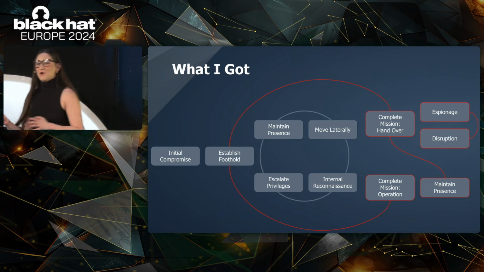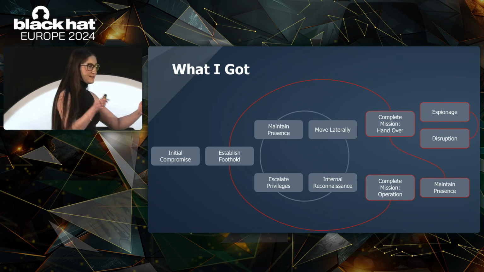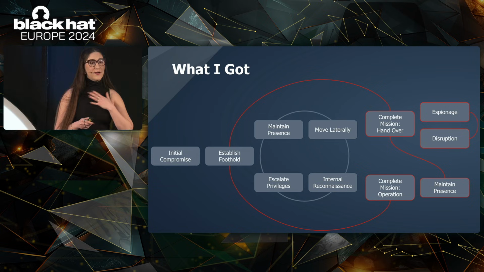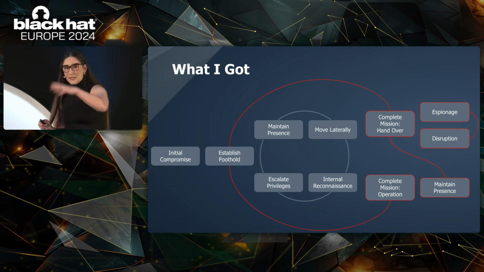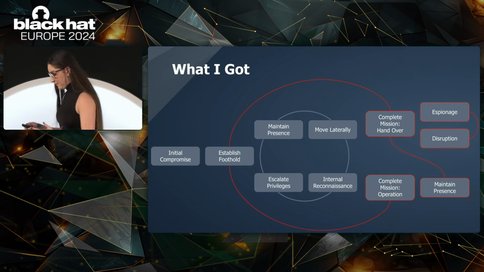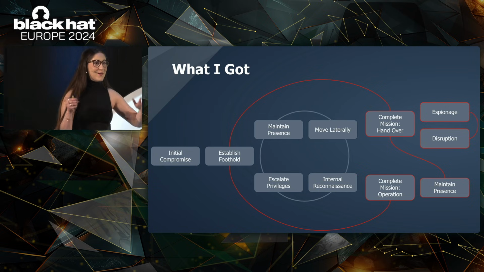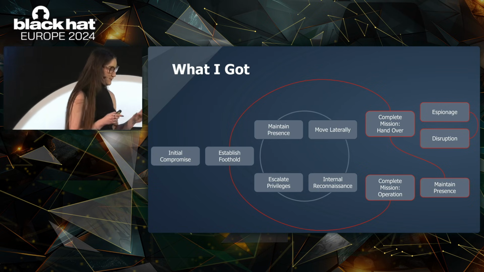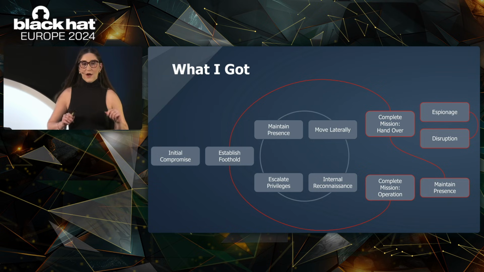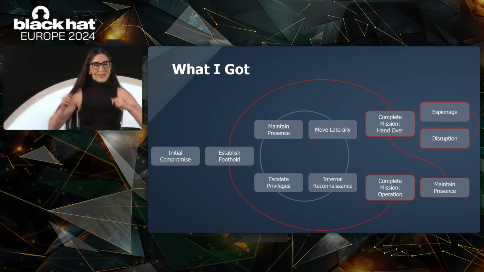I started reviewing different IR investigations around the Middle East and around Middle Eastern entities. Even though from the very beginning I got this very strong sense that I keep on seeing the same threat group again and again, when I laid down all of my evidence, I got this weird-looking attack lifecycle. There were different hops between different stages, and for the complete mission goal, there were like 3 or 4 different ones.